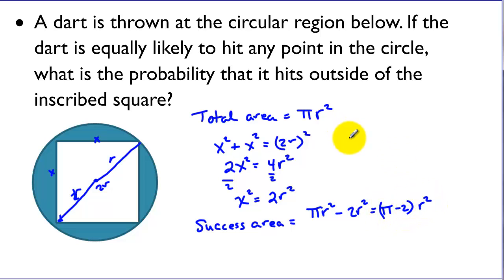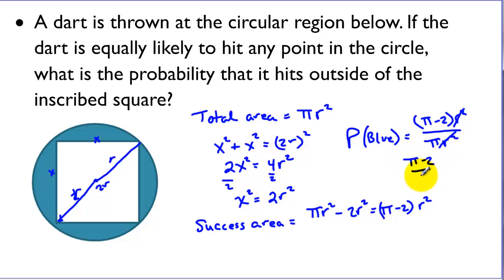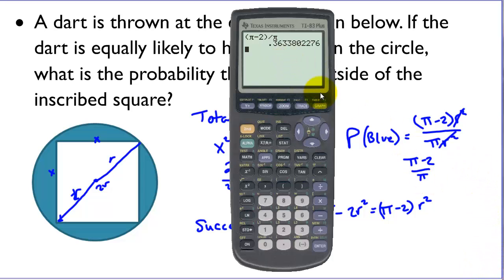So our probability of success, the probability of hitting the blue area, is the target area, which is pi minus 2 times r squared over pi r squared. And so we end up with pi minus 2 over pi. And I brought a calculator in here and I calculated that and we get 0.363. So a probability of about 0.36 or 36%.